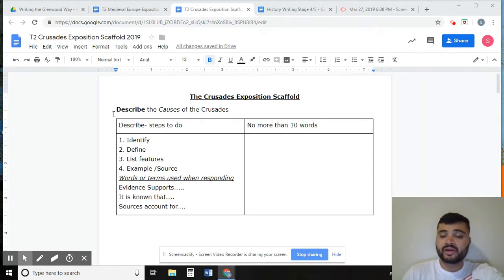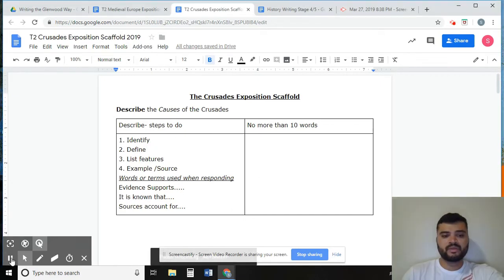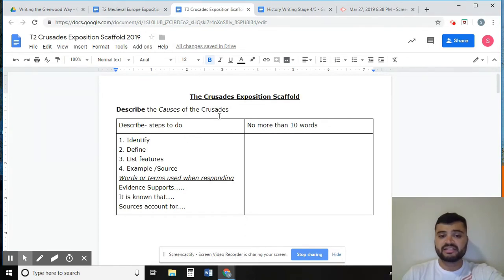We are looking for a solid paragraph or two, very clearly and concisely describing the causes that started the Crusades. Again, this is to be about a solid paragraph or two, no more than that.